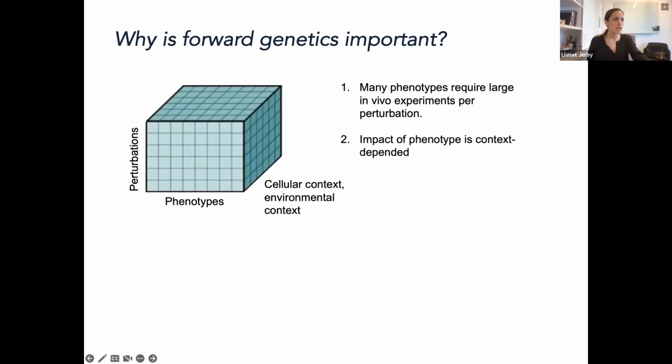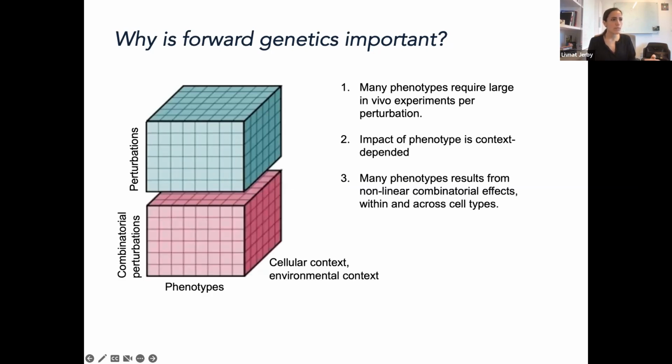We also know that the perturbation effect on a phenotype is going to be context dependent. We see this with immune checkpoint blockade, right? Some patients are literally cured while others succumb to the disease. And so already we're starting to get to a fairly high search space. And lastly, many phenotypes result from nonlinear combinatorial effects, both within and across cells. And now this is becoming intractable to measure.